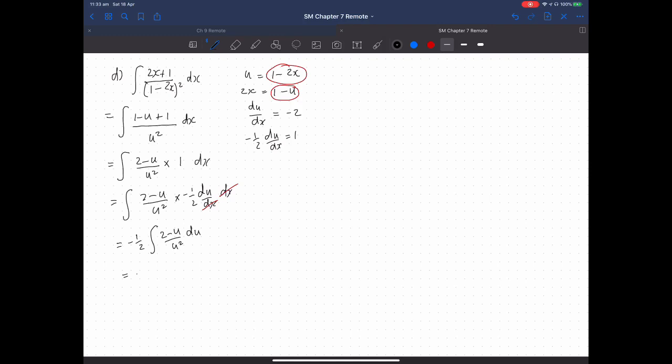That gives me minus 1/2 integral 2 over u squared minus u over u squared du. That gives me minus 1/2 integral 2u to the negative 2 minus 1 over u du.